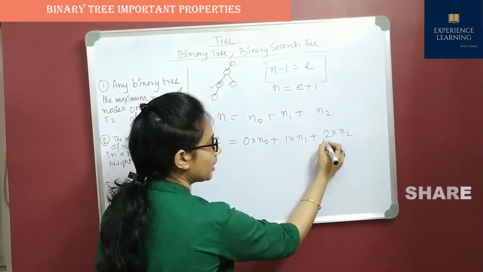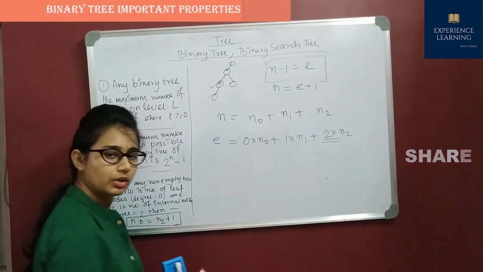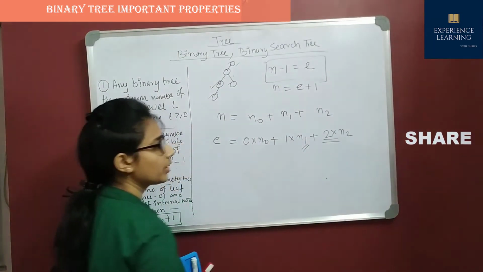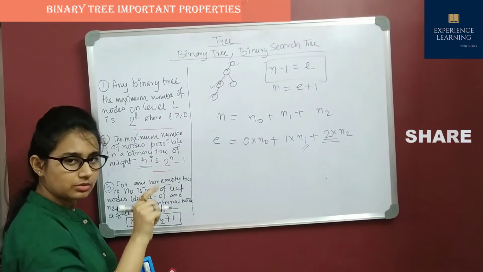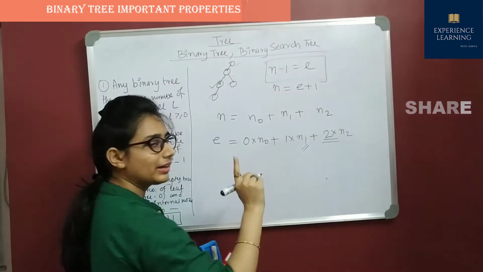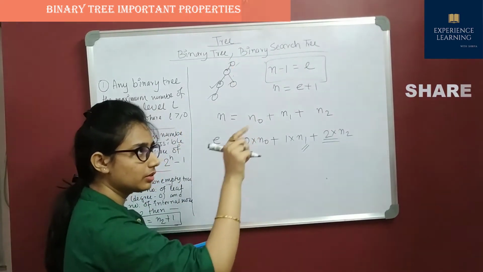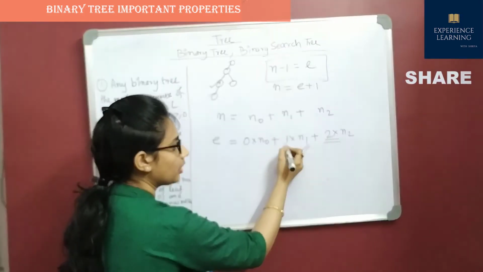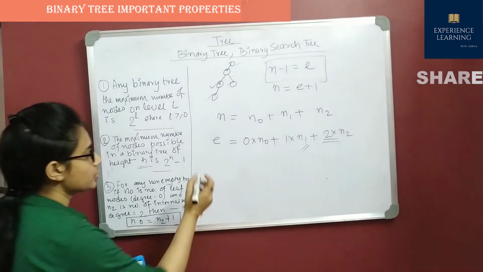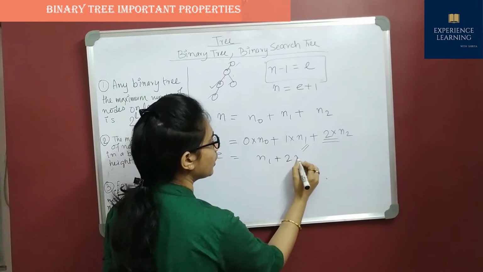So here obviously the edges will be 2 into the number of nodes, isn't it? And here the number of edges will be for nodes with one child, so degree is 1. So edges will be 1 into n1, nodes having one child. So from here I can write E equals n1 plus 2 n2.